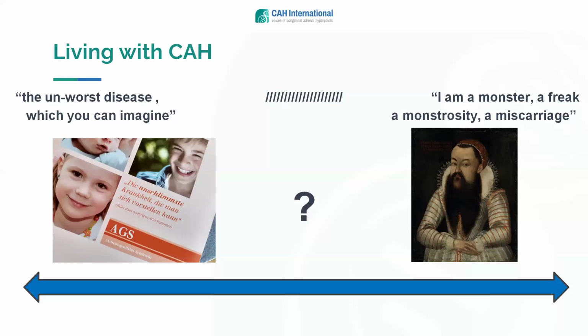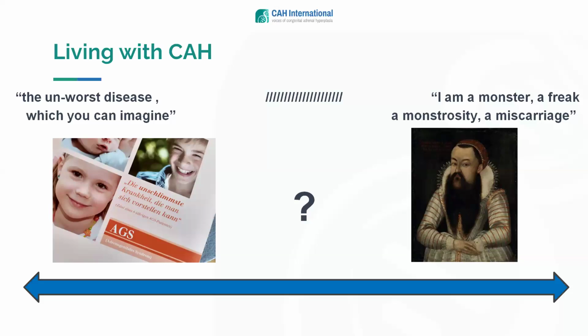I put a very old picture below the quote. It's a picture from the 16th century, from a person living at a king's court in Austria. This is a lady with a long beard and a small stature.